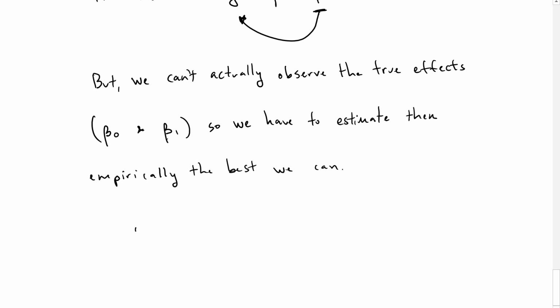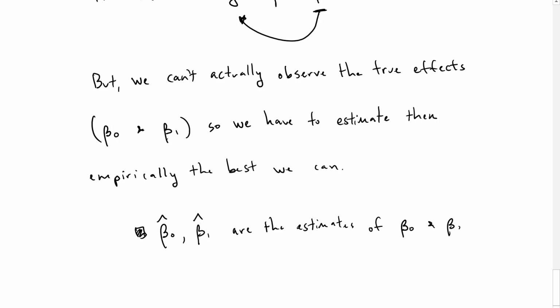All right, and when we do that, we're going to call beta 0 and beta 1 hat. We call that beta hat, beta 0 hat, beta 1 hat, and the beta hats are the estimates of beta 0 and beta 1.